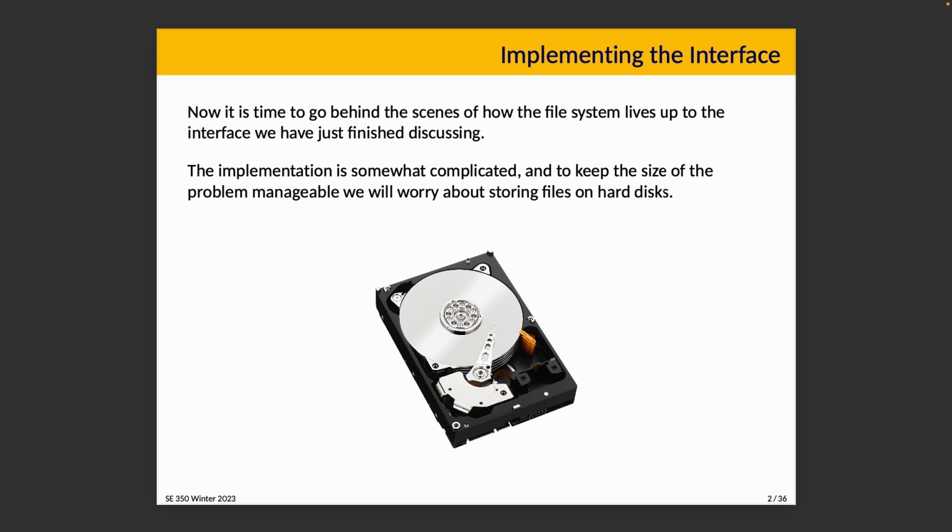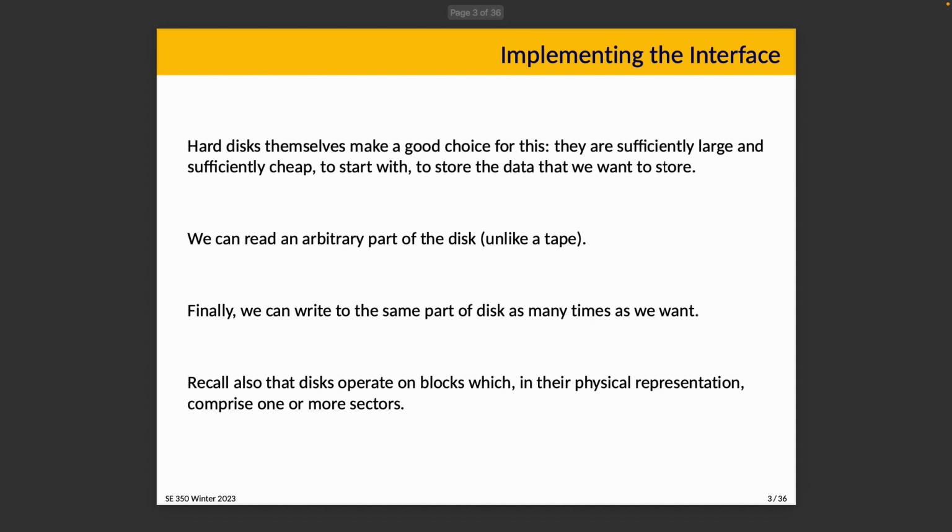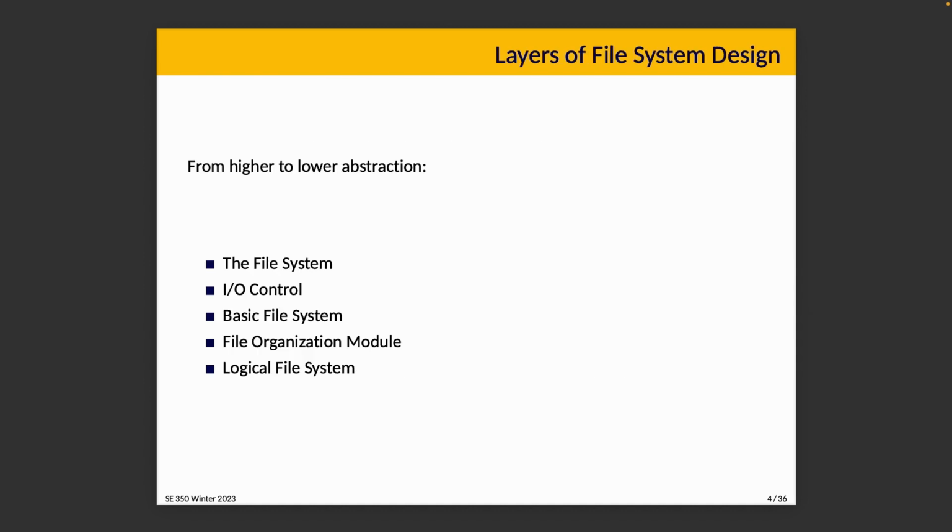Now, we'll take a look at the file system design. As we start off, we're at a high level inside the operating system, and as we move our way down, we end up at lower and lower levels, closer towards the hardware, and having accordingly less and less abstraction. So, up at the top, we have the file system.